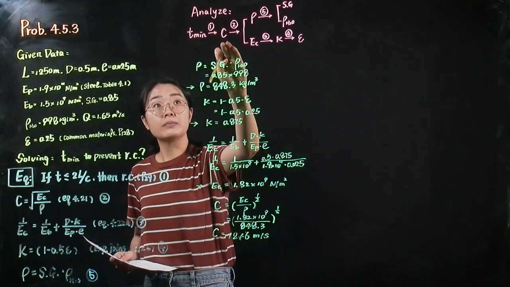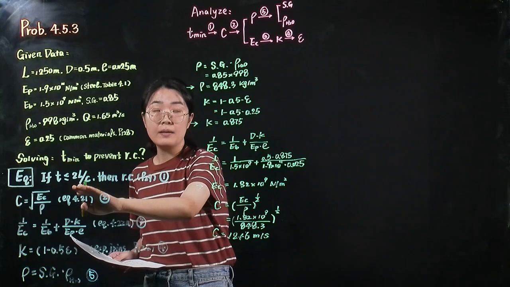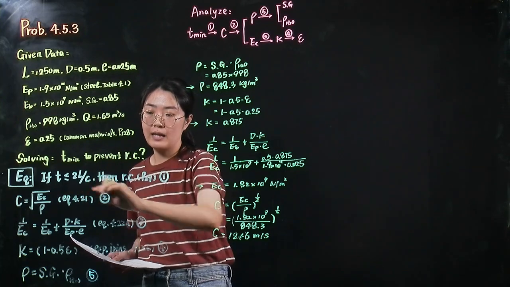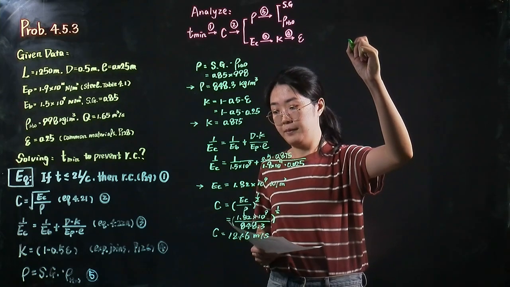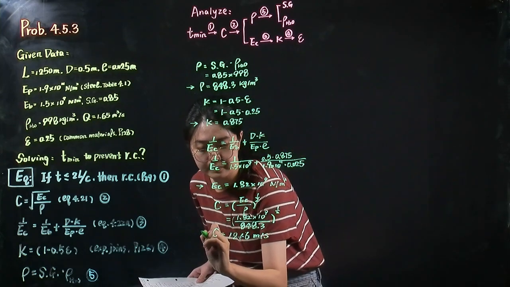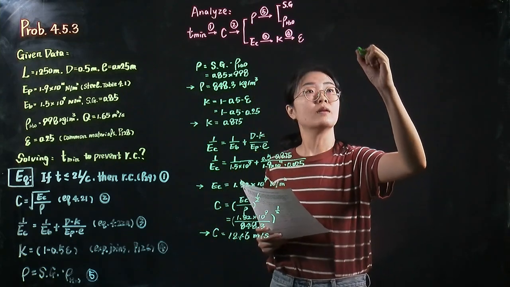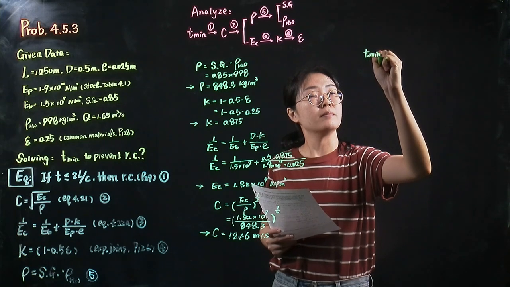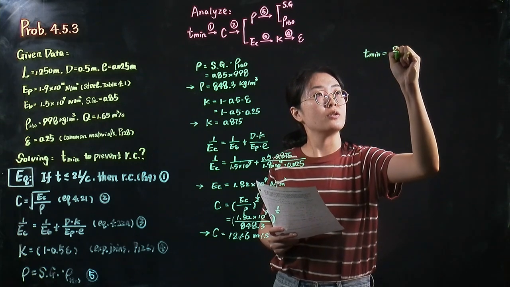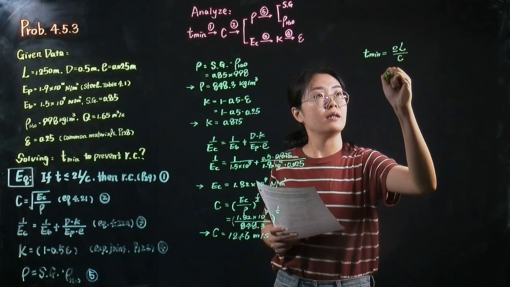And then we can bring this value back to equation 1, because currently we have the length and the celerity. The minimum time equals 2 times length over celerity.